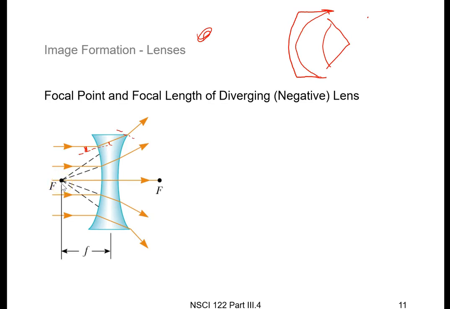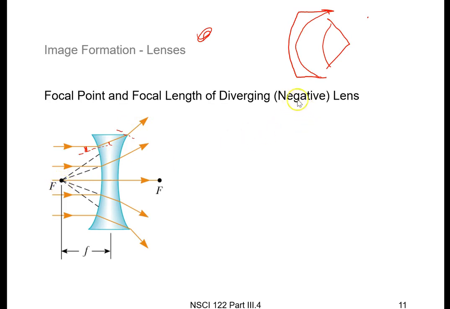So that is how you would determine the focal length of a diverging lens. You would measure from the center of the lens to this front focal point. Because again, if you send in a beam from the left traveling to the right, the rays diverge as if they came from this front focal point.